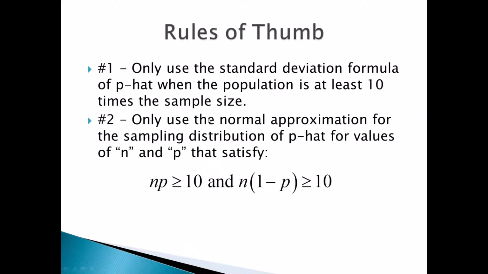All right. To do a normal approximation, in other words, to do normal calculations, we have to verify that these two products, n times p and n times 1 minus p, are both at 10 or higher.